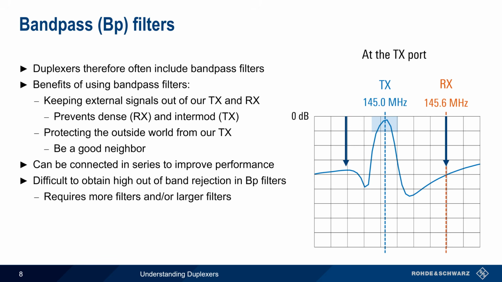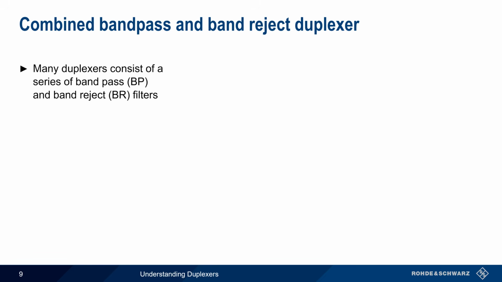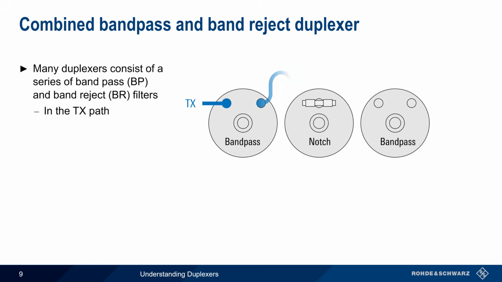The rejection in bandpass filters used in duplexers is often many tens of dB less than the rejection obtainable using a notch filter, and thus it's somewhat uncommon to find a duplexer that's made up only of bandpass filters. Therefore, many duplexers consist of a set of bandpass and band reject filters, both in the transmit path and in the receive path.